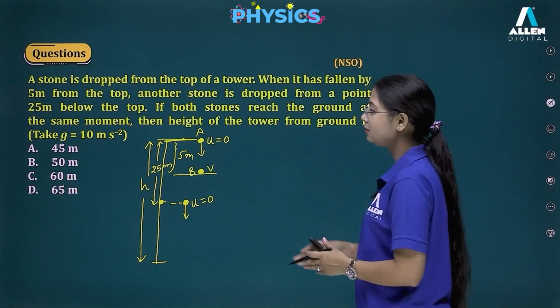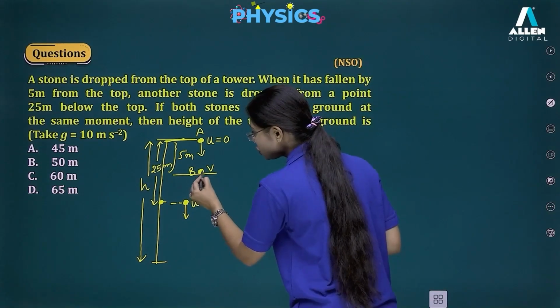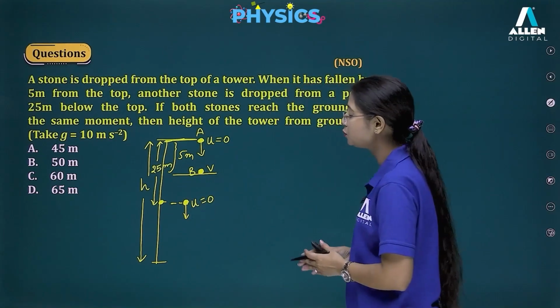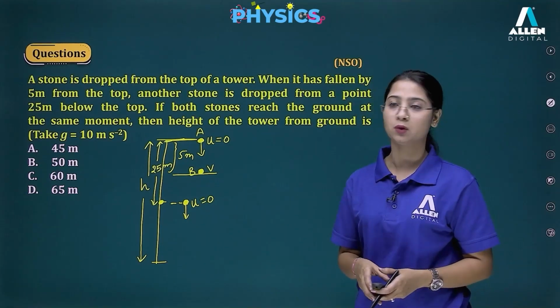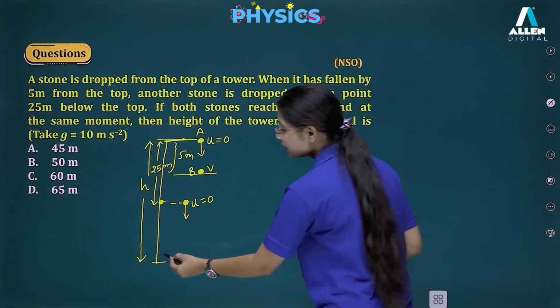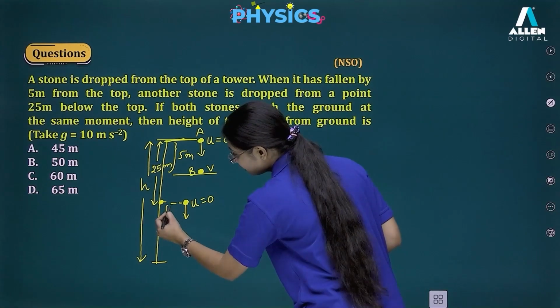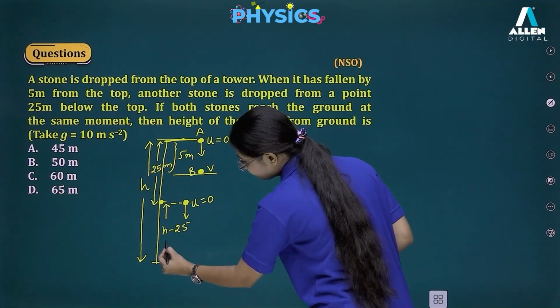So, obviously, they both will cover some distance. At this position and at this position, this is stone 1 and this is stone 2. So, these are reaching the ground at the same time. I can say how much distance is covered by the stone 2. So, it's h minus 25.